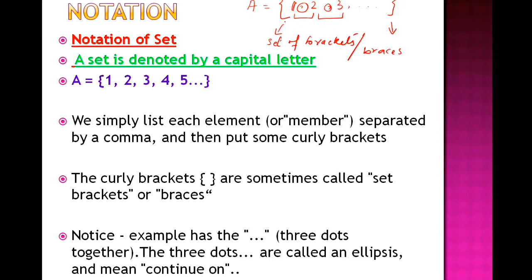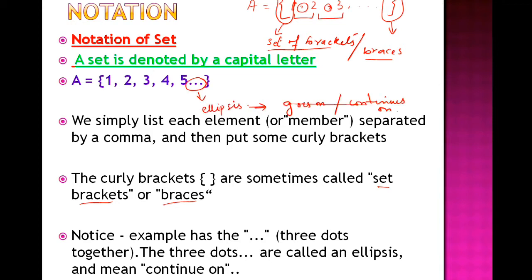These curly braces are called set brackets or braces. And here you can see that there are 3 dots. These 3 dots are called ellipses. It means goes on or continues on.